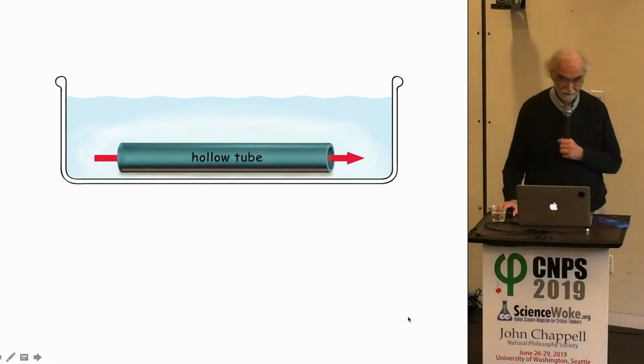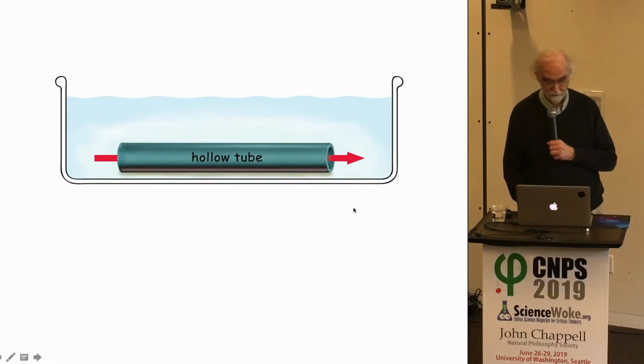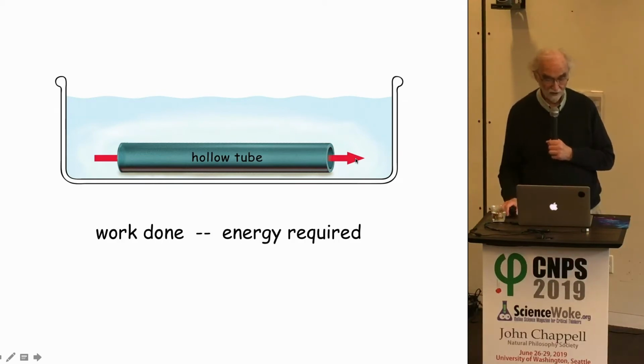So essentially, we have a hollow tube sitting in water, and water flows through it. And if water is flowing, work is done because the water has viscosity. And to do work, unless this concept is wrong, you need an energy of some sort.